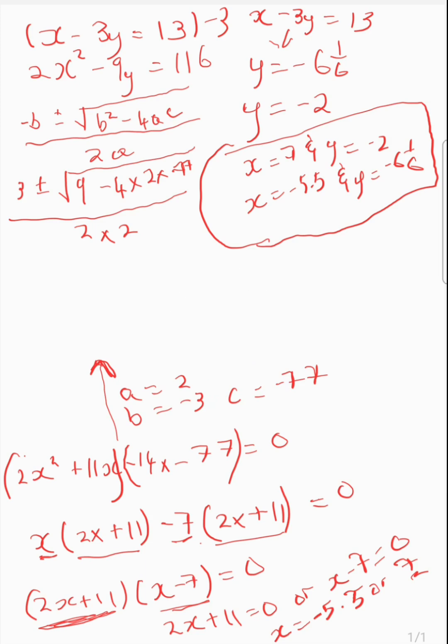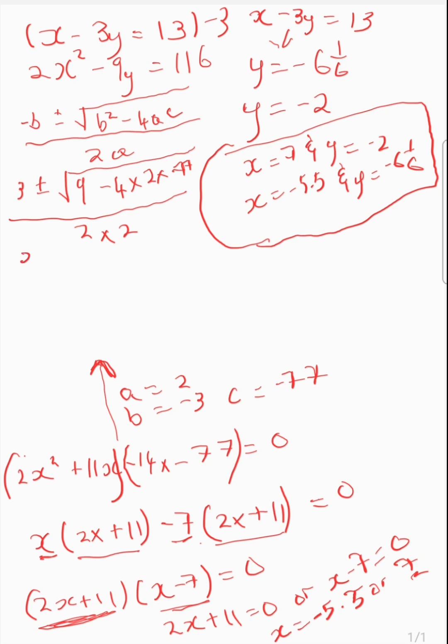Okay, let's continue. Then we are going to simplify this. We have minus 4 multiplied by 2 multiplied by minus 77. So that is going to be positive. So it's going to be 4 multiplied by 2 multiplied by 77. So that is going to give us 616.